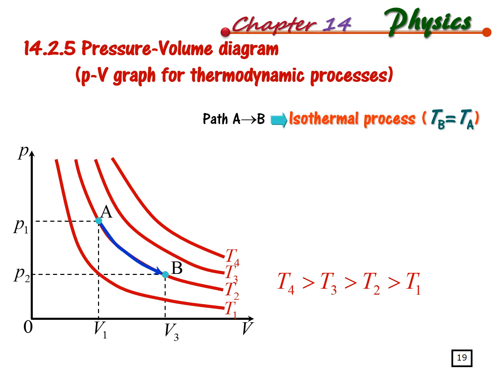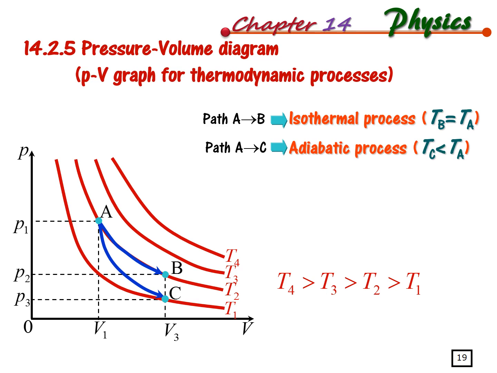And then the second process, from A, the initial state, to the final state C. This system expands from A to C, and this process is adiabatic because the temperature drops from T2 to T1, where the final state is C. We call this adiabatic expansion because volume C is greater than volume A. There are 2 curves here, one isothermal and the second adiabatic.